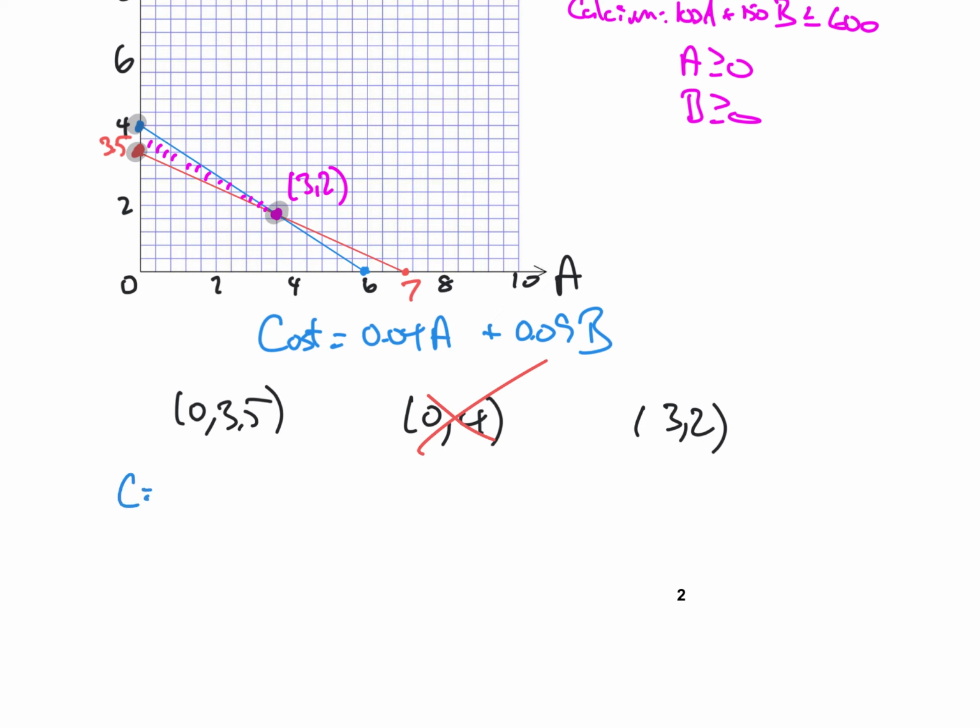So the cost is going to be 0.04 times 0 plus 0.09 times 3.5. That's going to be 31.5 cents to take 3.5 pills a day.